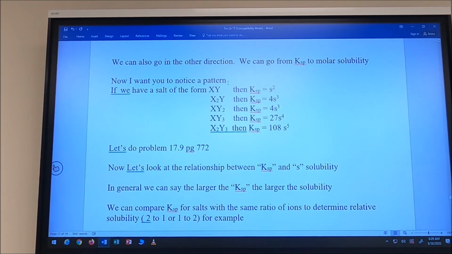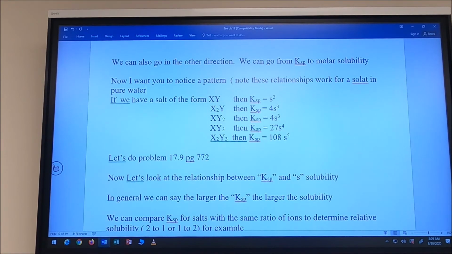Now let me put this note in here. Note these relationships work for a salt in pure water.